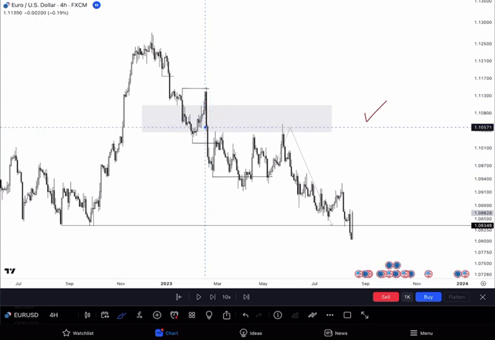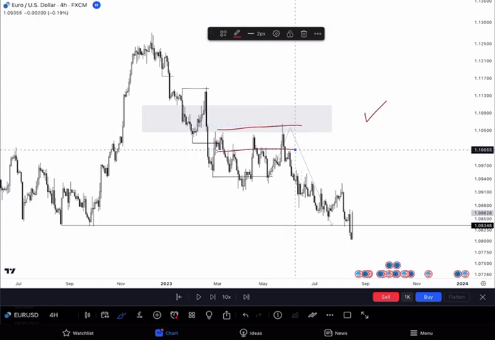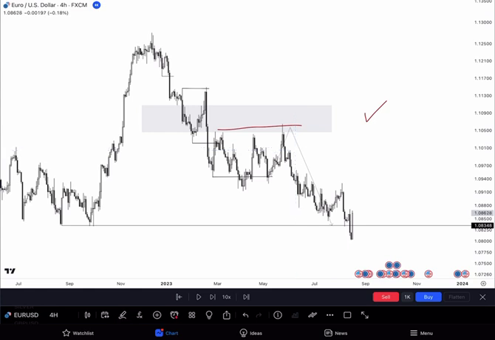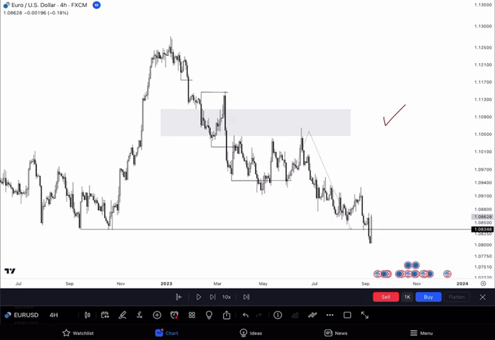As a stop loss. You can use the range itself as a stop loss, right? So 50% of the range, 25% of the range. At some point, when you've practiced enough, it boils down to personal preference, right?